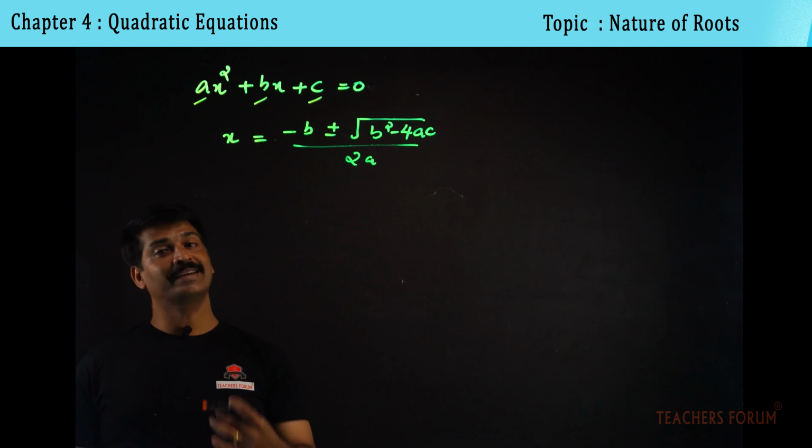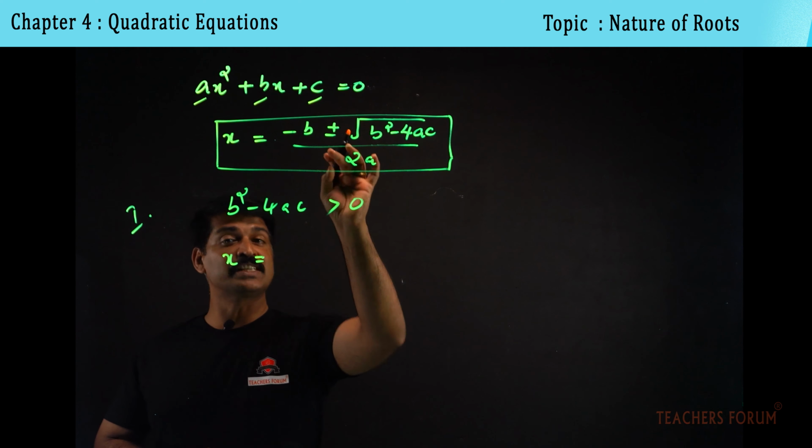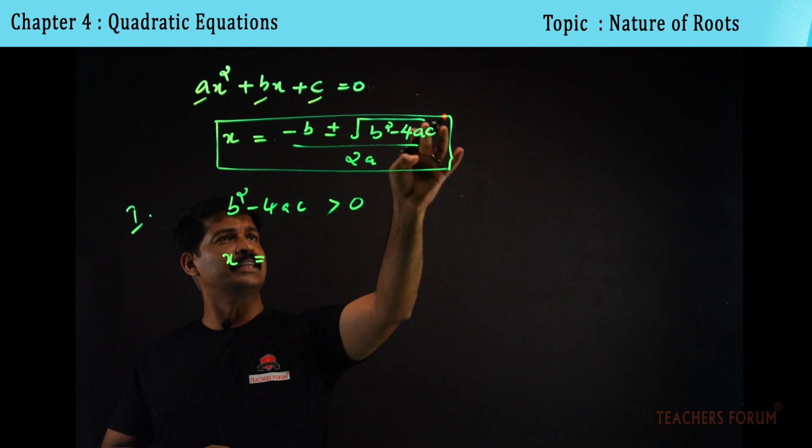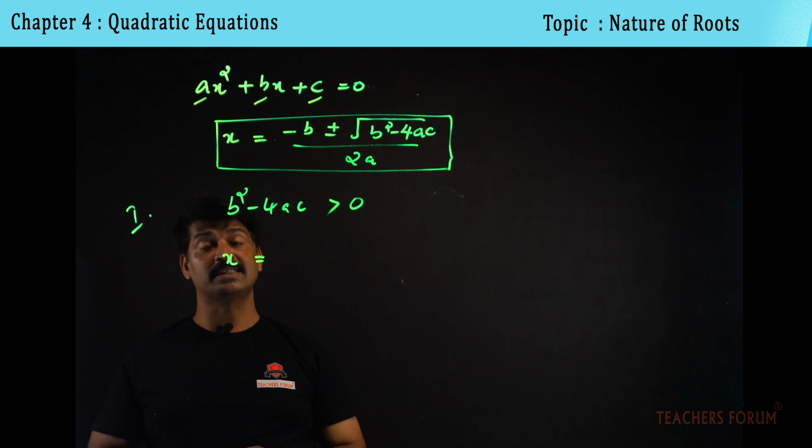Okay. Now, let us see what happens if b square minus 4ac is greater than 0. That is the first case we are going to discuss. If the value of b square minus 4ac is greater than 0, suppose we assume that b square minus 4ac is 16.